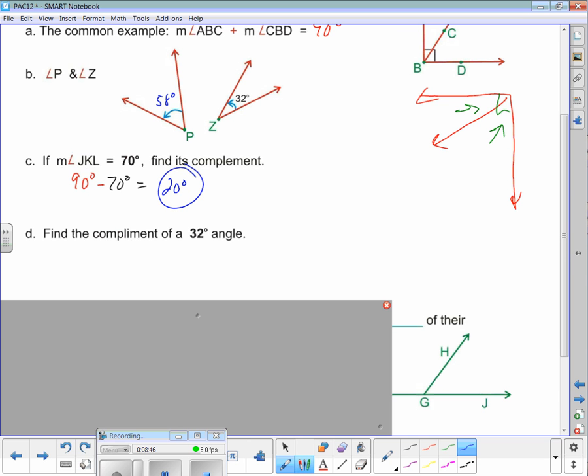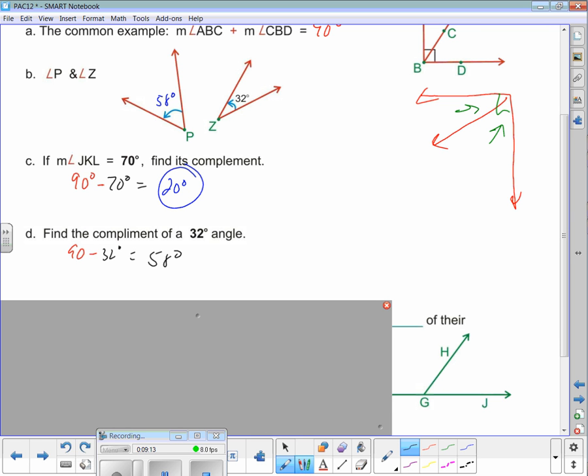All right, so go ahead and do D. Find the complement of a 32-degree angle. What is the complement of a 32-degree angle? And it's just like example B, isn't it? Last time I checked, 90 minus 32 is 58.